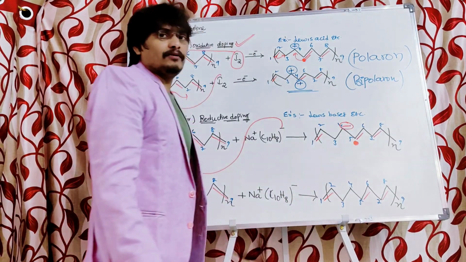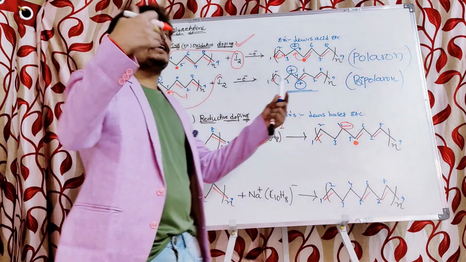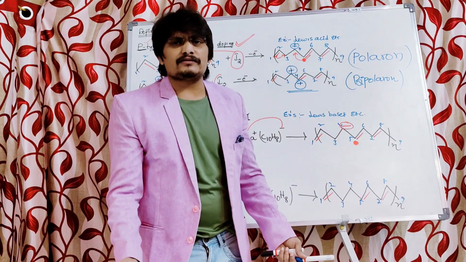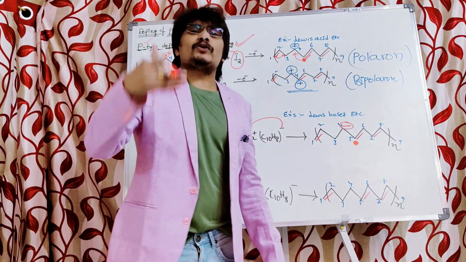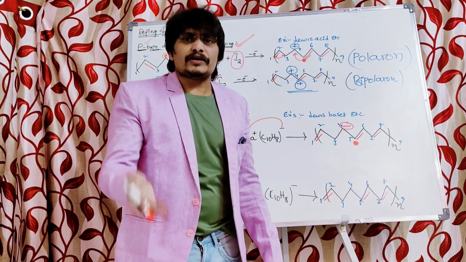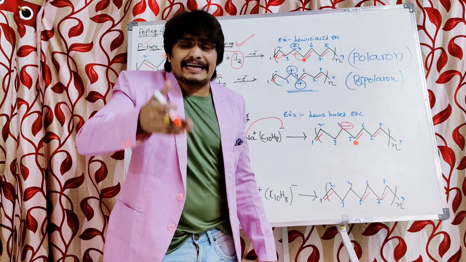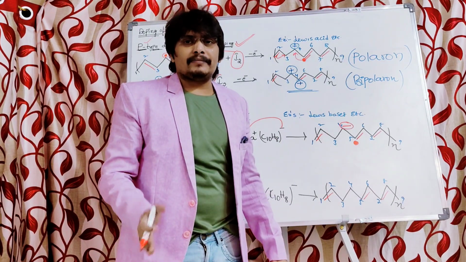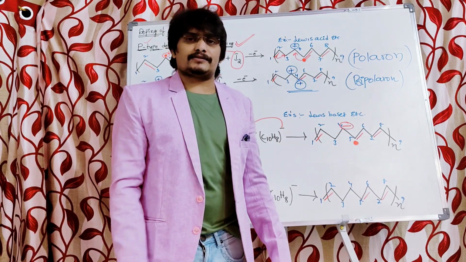In order to stabilize, what happens? Negative charge on the carbon means what, students? Extra electrons are present on the carbon. So if it gives the extra electrons inside the chain, then the whole molecule gets stabilized.